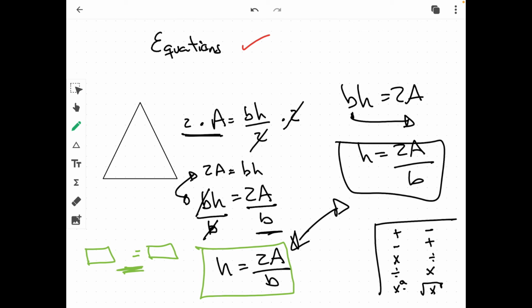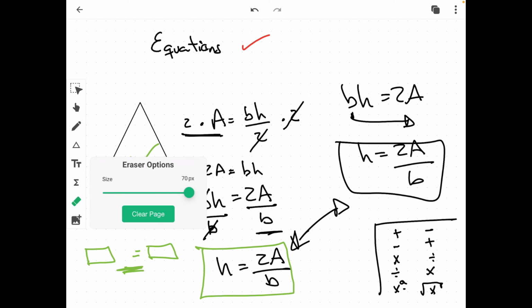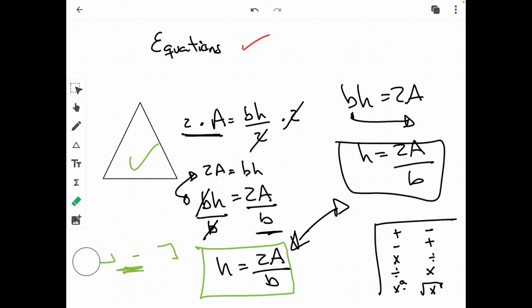This is an example to get the area of a triangle, but we can get the same result isolating any other variable of any other equation.